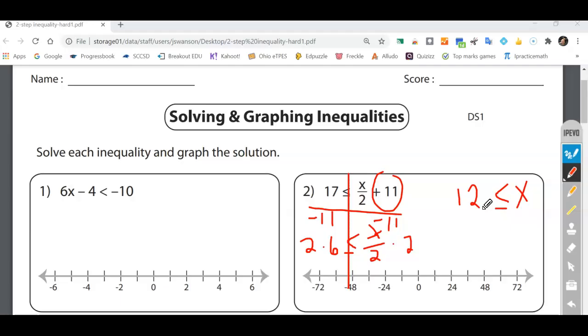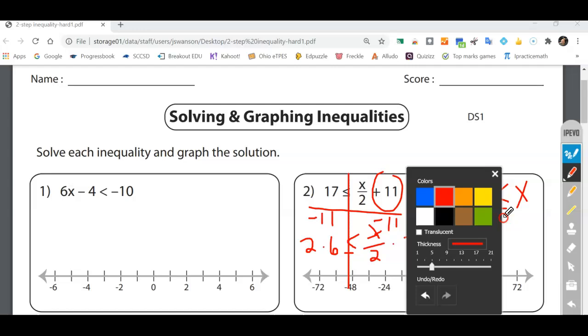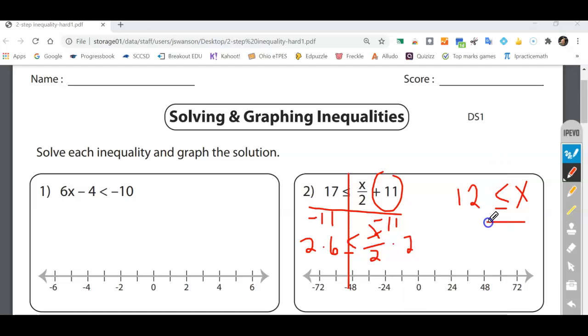We read this from the variable to the number. So this is read, x is greater than 12. Now that's going to confuse people because I've always said that's a less than symbol. But in order to graph it, you got to know what the x is. So we read it from the x to the number.